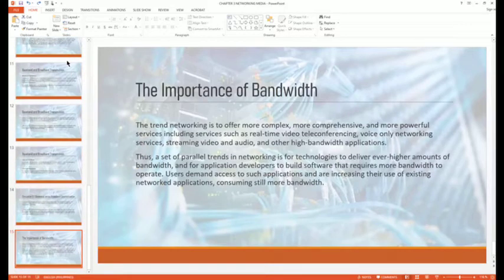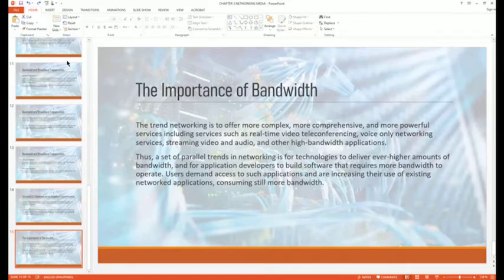The importance of bandwidth. The trend in networking is to offer more complex, more comprehensive, and more powerful services, including services such as real-time video teleconferencing, voice-only networking services, streaming video and audio, and other high bandwidth applications.